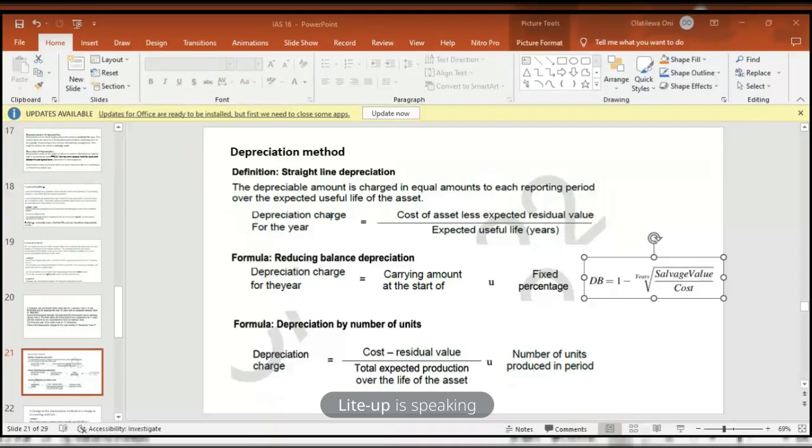And the figures, of course, will be in brackets, because it's going to be an expense that will be deducted from the financial statement. So the figures will be in brackets, like that.